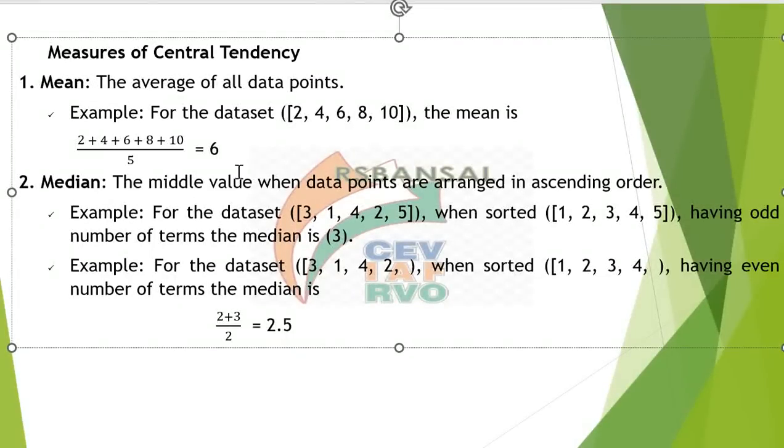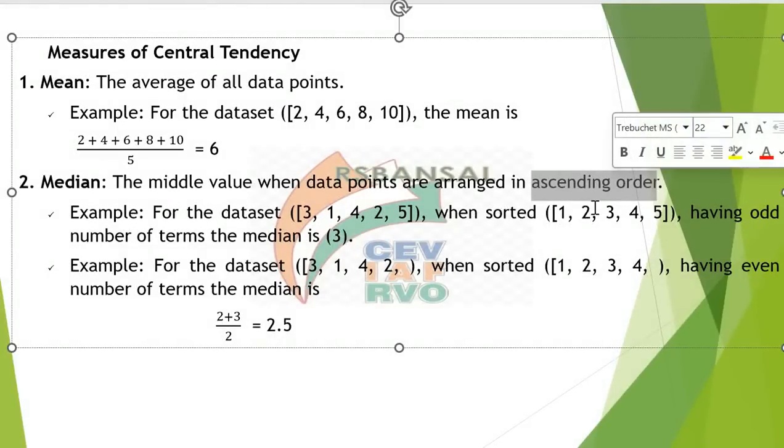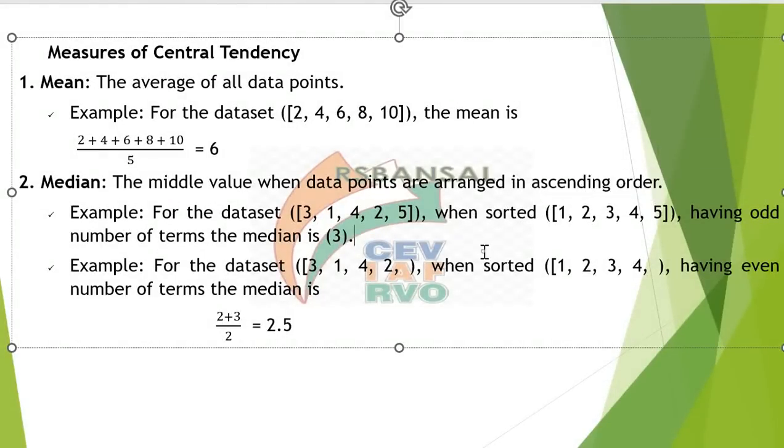So how is this median calculated? It is the middle value when the data points are arranged in, see here, first you have to arrange the data points or terms of the data in ascending order. See here, you have a data set 3, 1, 4, 2, 5. First you arrange it in ascending order: 1, 2, 3, 4, 5.